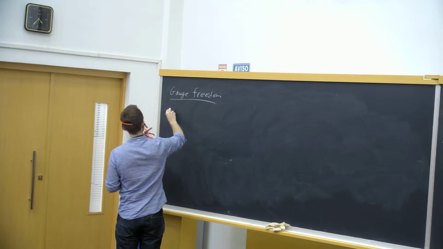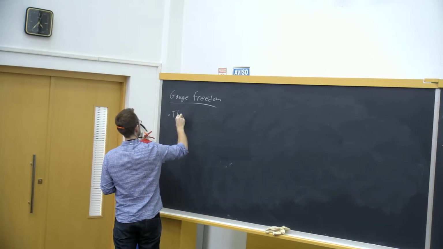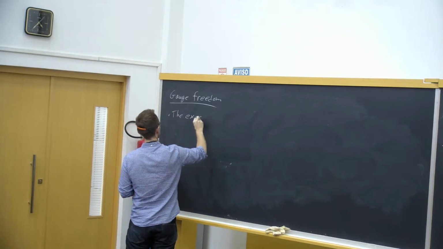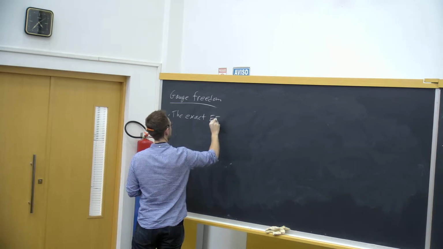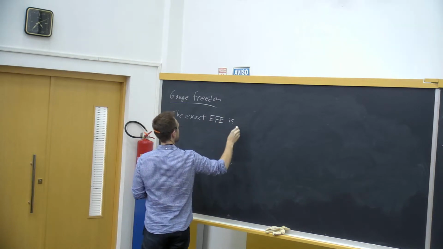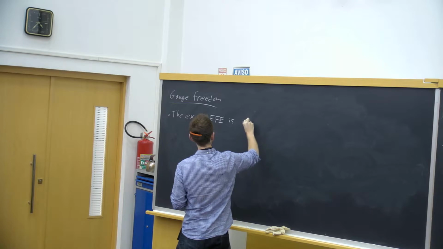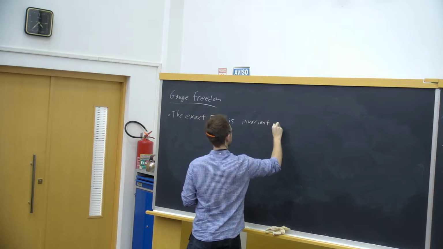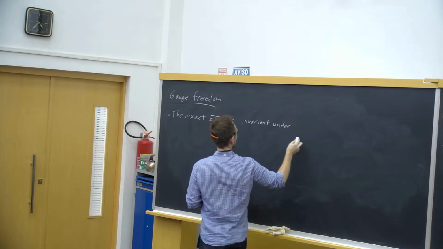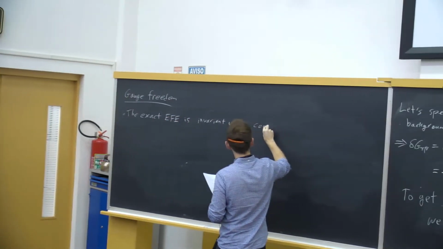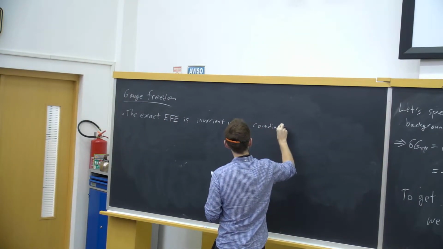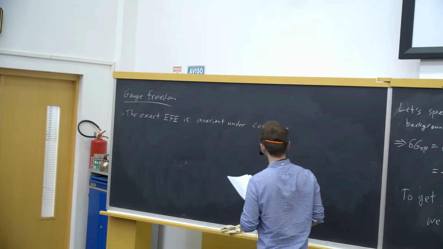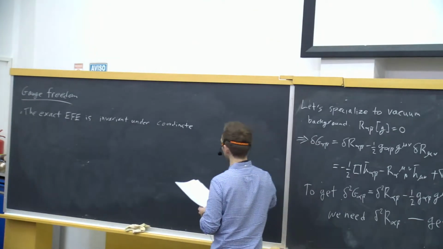So note, the Einstein equation is tensorial, so it's invariant under coordinate transformations, or diffeomorphisms if you don't want to introduce coordinates.